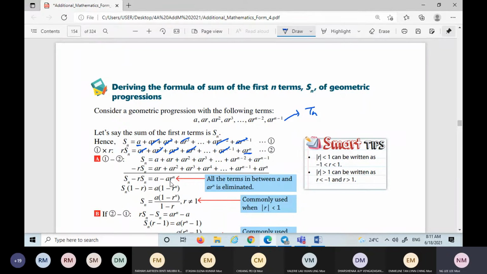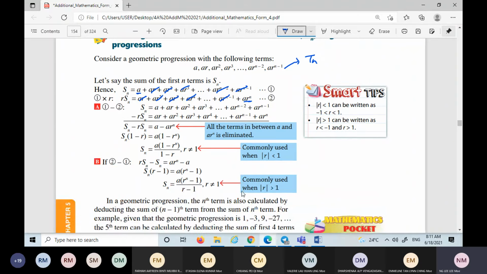Then you factor out your Sn because you want Sn. The balance 1 minus r, bring to the right hand side and it becomes divide. This is how you get the formula. For the right hand side, you can factor out the A, and in the bracket you will have 1 minus r to power n. This is the first formula if you use the first equation minus the second equation.